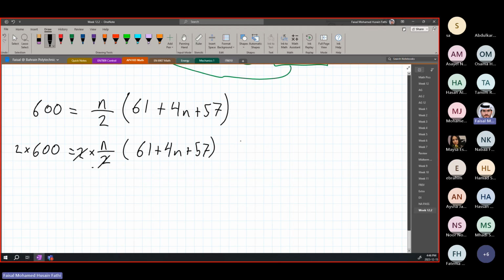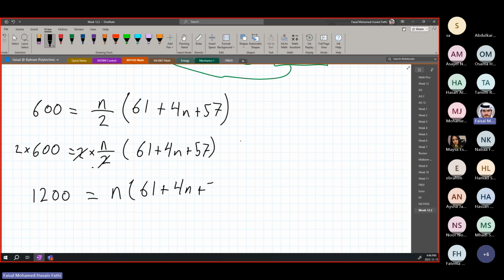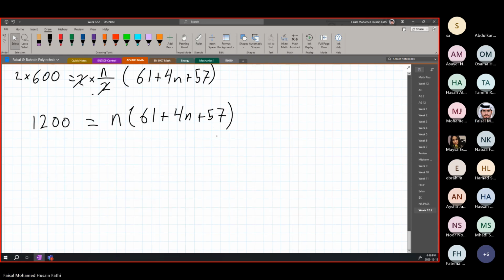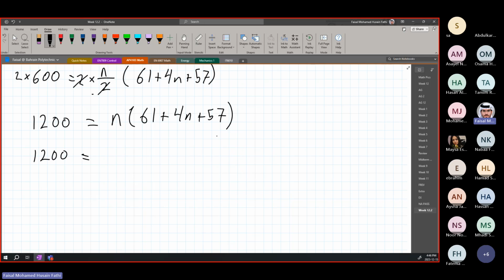So these 2 will cancel. 2 times 600 is 1200 is equal to n into 61 plus 4n plus 57. Let's distribute. 1200 is equal to 61n plus 4n squared plus 57n.